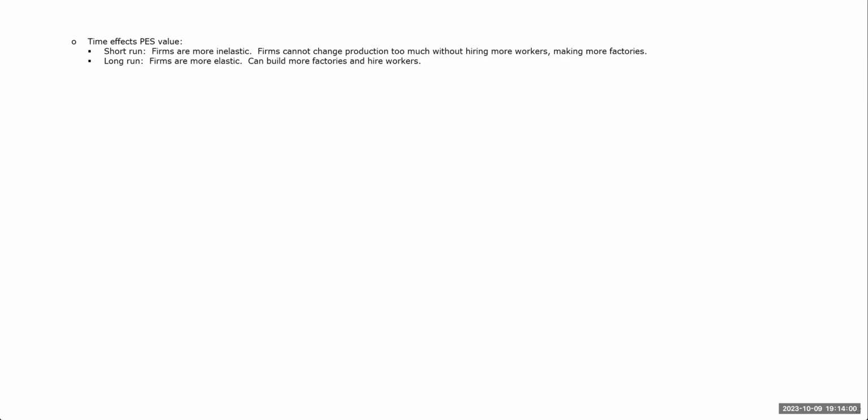In the short run, they'll run the production plant a little harder and try to meet the demand. Okay, firms would love to sell more, but they cannot.